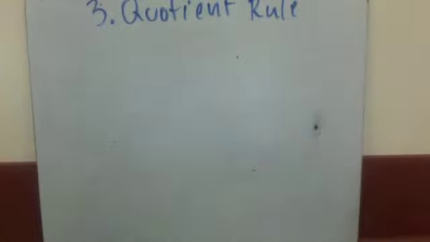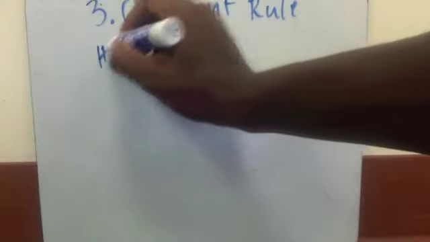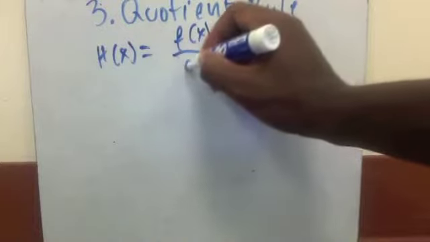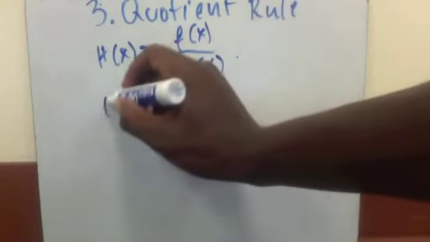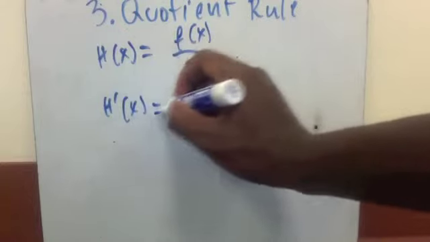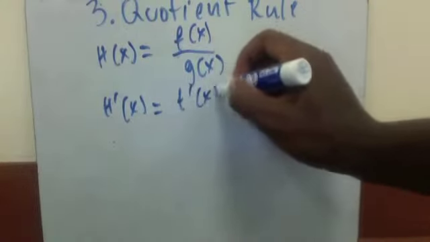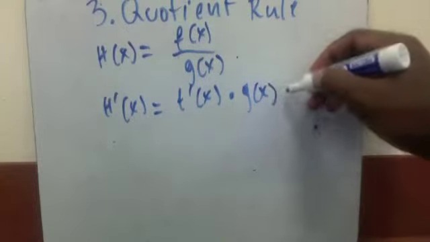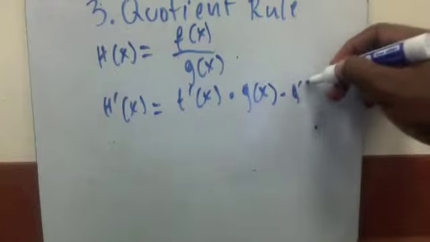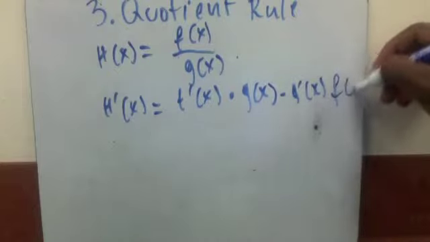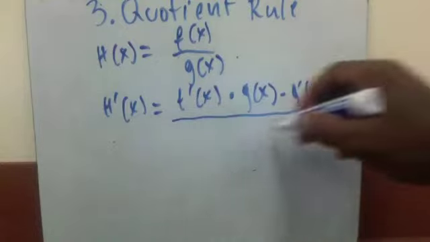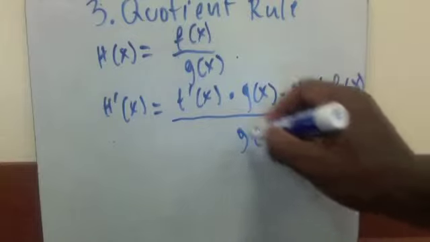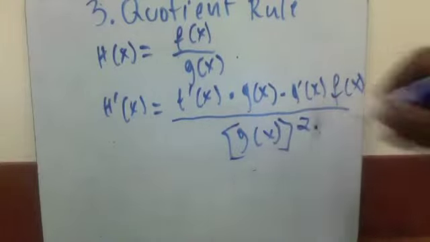The quotient rule states that if you have a function h of x equal to f of x divided by g of x, h prime of x will be equal to f prime of x times g of x minus g prime of x times f of x, divided by g of x squared.